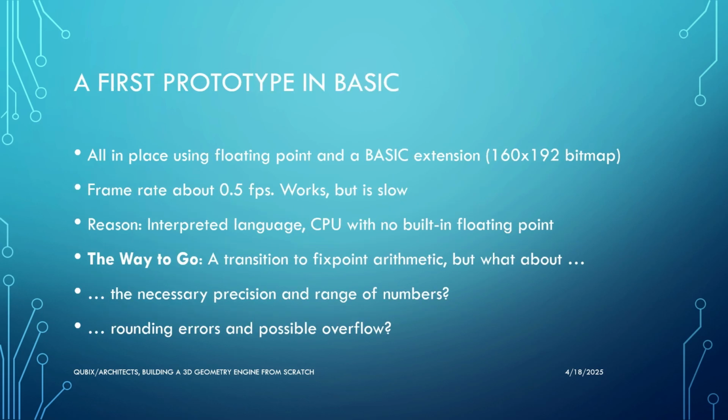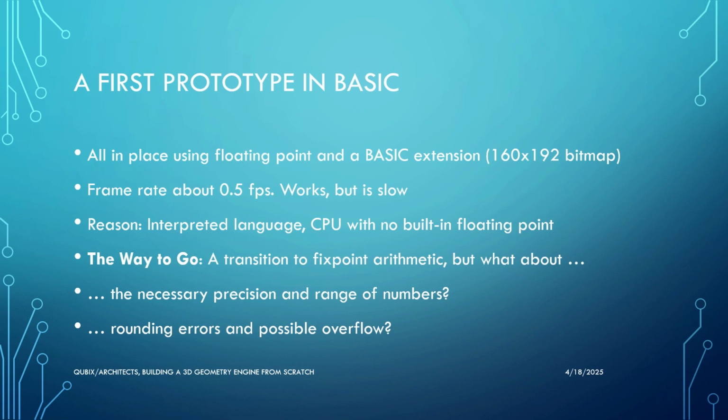With all those formulas, it is really possible to do a first prototype in BASIC. And I use my own BASIC extension for that, to have a minimal set of graphic instructions.